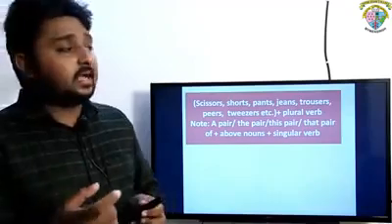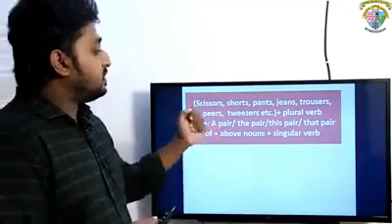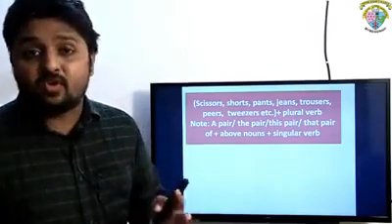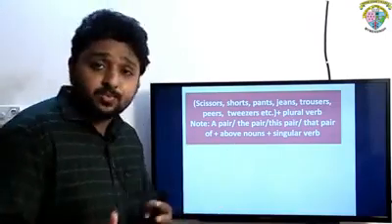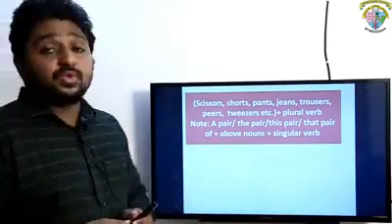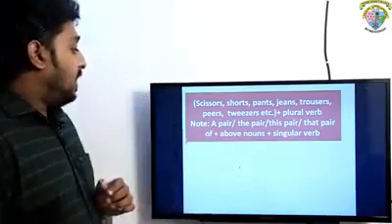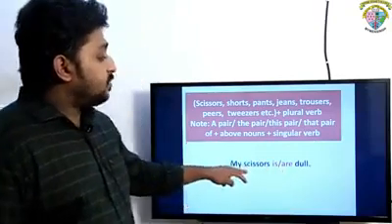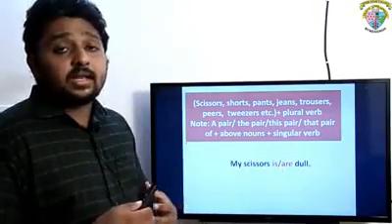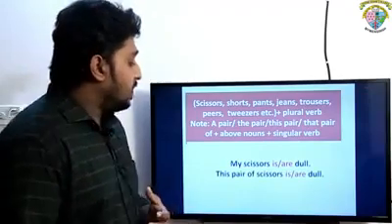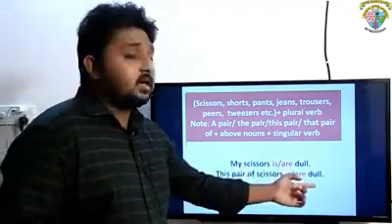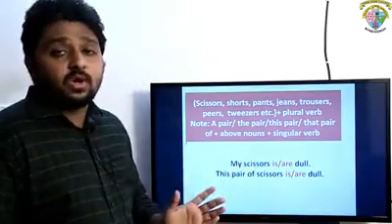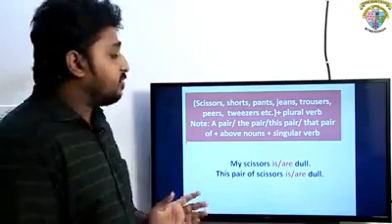But the problem is that when you use a pair of, the pair of, this pair of, that pair of before them, that time you have to choose a singular verb. And the examples: my scissors is or are dull. Yes, my scissors, it is plural and it will definitely take a plural verb. The pair of scissors is or are dull. Look, the first one, my scissors, this is plural and that's why it should take a plural verb.